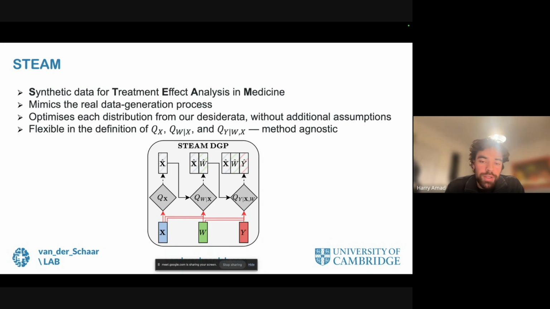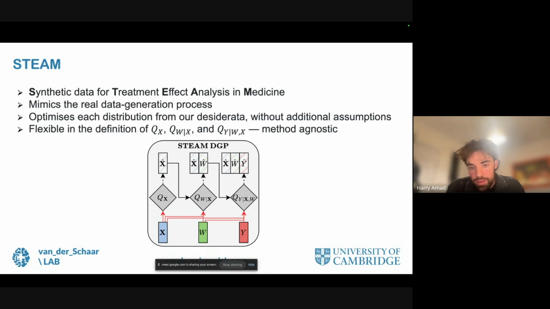And basically, we wanted this generation framework to mimic the real data generation process that we see medical data exhibit. And this is shown in this flowchart here, basically, where we generate the covariates, then we generate the treatments, and then we generate the outcomes in a three-step fashion. And the way that we design this framework is such that it is really method agnostic.